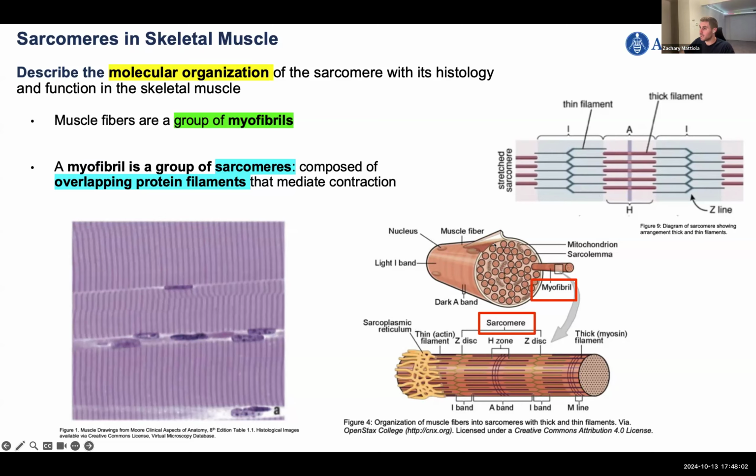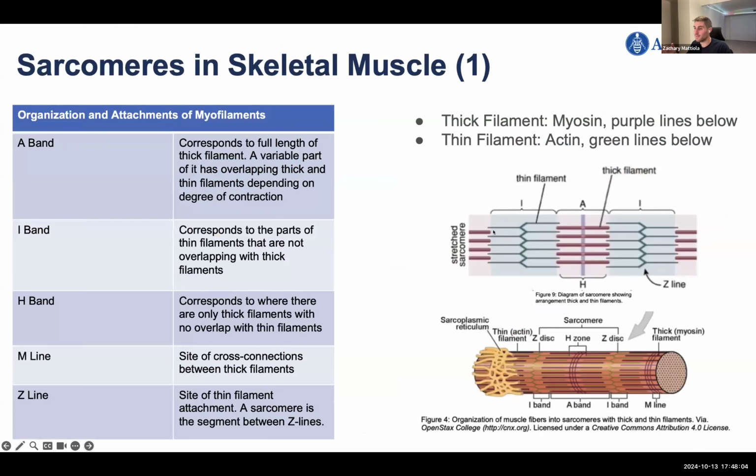So there are a couple of important zones relating to the sarcomere that help us visualize the contraction and understand it a little better. The first zone is called the A band, and the A band corresponds to the full length of the myosin thick filament. So this entire filament right here is going to be the A band.